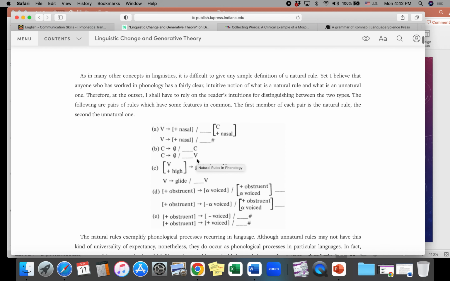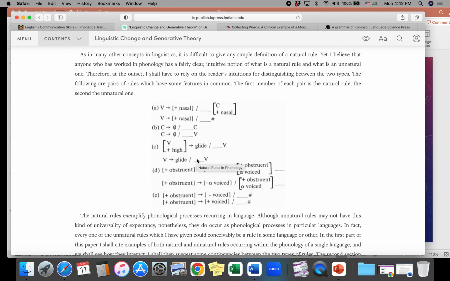Related to phonetics is phonology, and that's the study of how sounds change. So here are some examples of some phonological rules. I know this looks really like gobbledygook, or almost maybe even like a math formula, but a trained linguist knows how to write a rule where here they're saying a vowel becomes nasal when it is found in front of or before a nasal consonant.